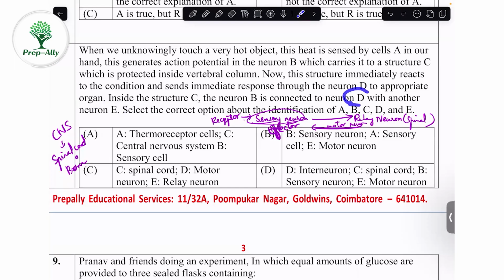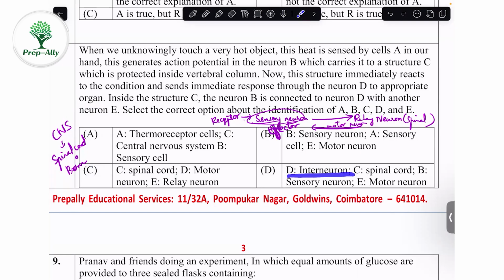So D will be relay neuron. In the C option, they have given D as motor neuron, so this C option is not correct. We have deleted one option. Here in this option, they have given D as interneuron. So maybe this can be the correct option.